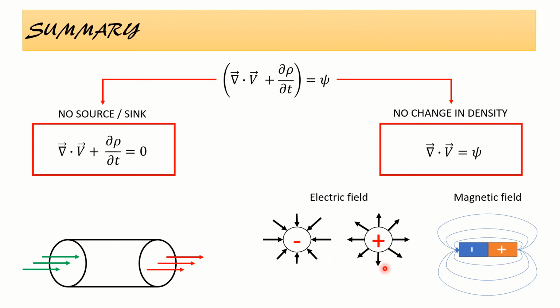If you had a monopole, then you would have this picture, with charged particles or something like that emitting a magnetic field, but you don't. So what you have instead is a magnetic dipole. You have a positive pole and a negative pole, and the magnetic field moves in a closed circuit like this, and therefore the gradient of the magnetic field is 0.